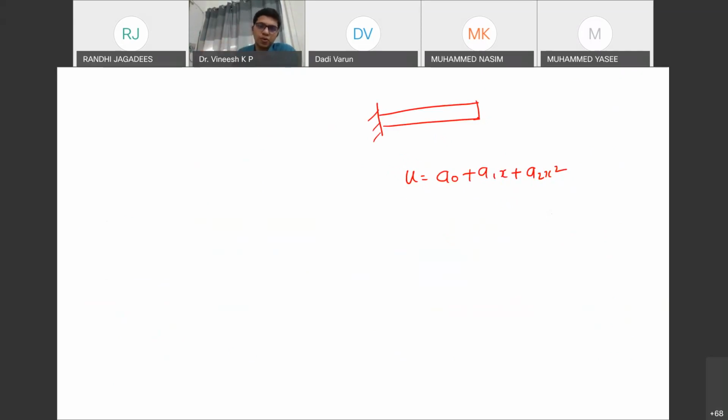Suppose you look at this problem, what is your approximation? You assume that at x equal to 0, u is equal to 0. So when I use an expression for u and put x equal to 0, u has to be equal to 0. I have to select some function which will be 0 at x equal to 0.